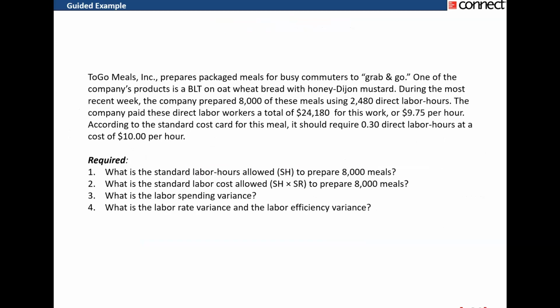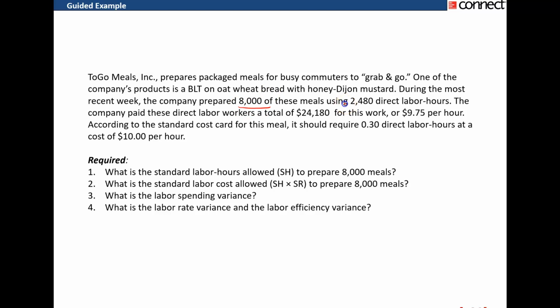Okay, let's look at another problem. We have this company called Togo Meals. They prepare pre-packaged meals for busy commuters to grab and go. One of the items that they wanted to look at was a BLT on oat wheat bread with honey Dijon mustard. They prepared 8,000 of these meals.